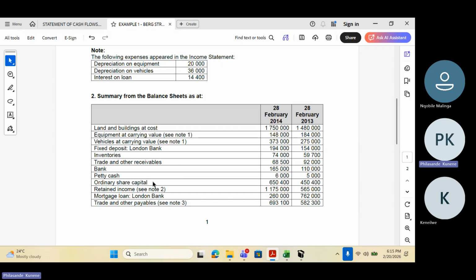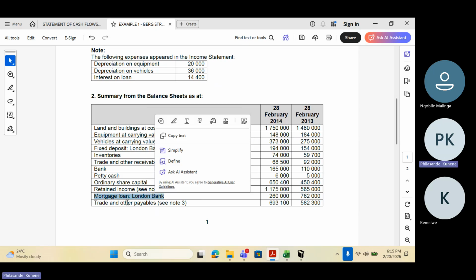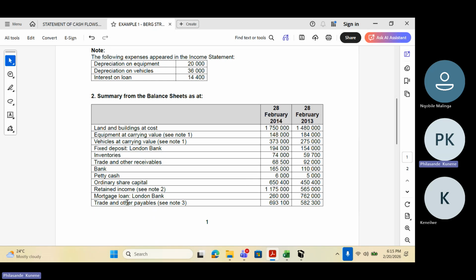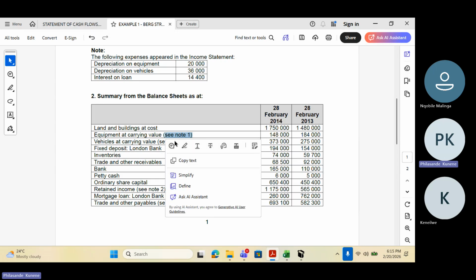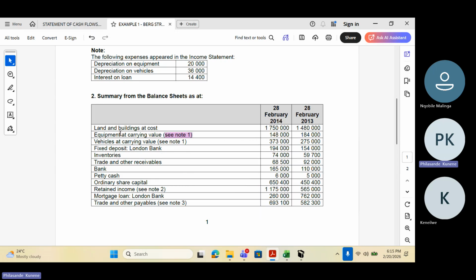We have ordinary share capital. We have retained income. They say we must see note number 2. We have mortgage loan from London Bank, and then we have trade and other payables. We must see note number 3. So these things are very important. When they're saying see note 1, which means in note 1, there is something that affects equipment that we need to look at.